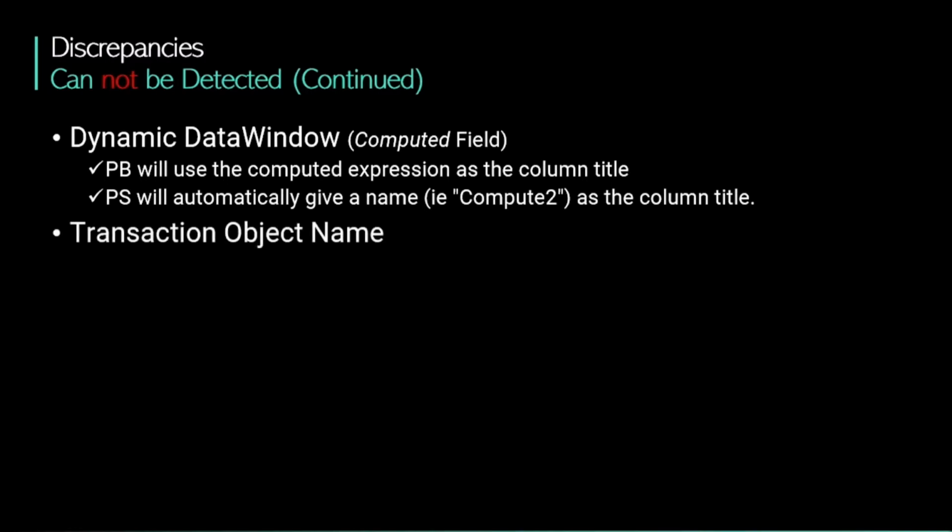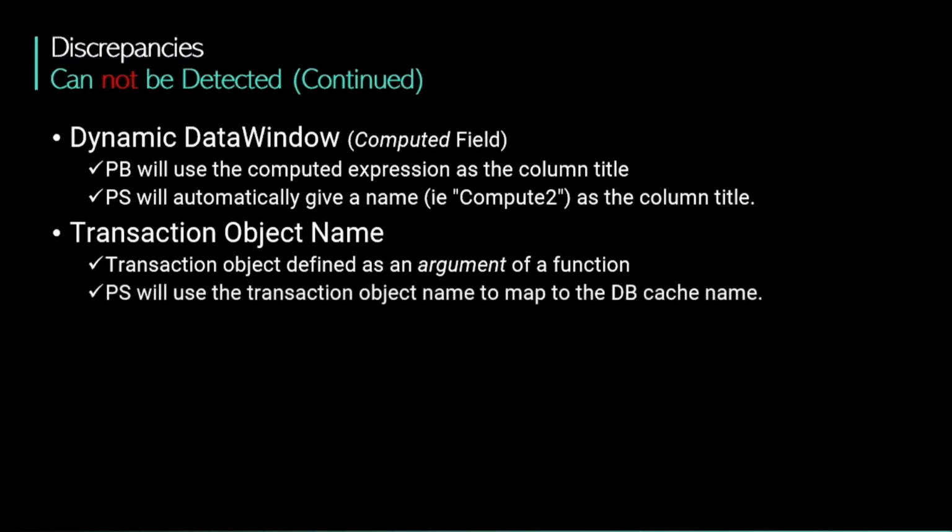The transaction object name. Transaction objects, of course, are defined within the actual PowerBuilder application as instance variables or global variables, or the built-in one, SQLCA. However, when it becomes an argument to a function, PowerServer will use the transaction object name given as the argument to the function to look for the mapping in the database cache area.